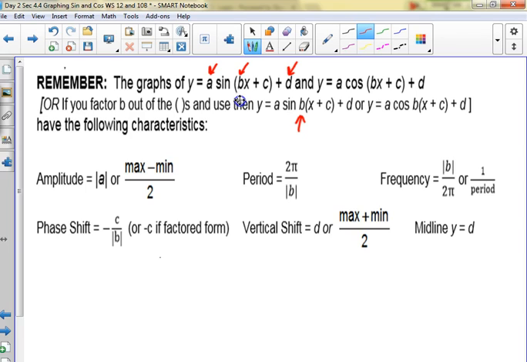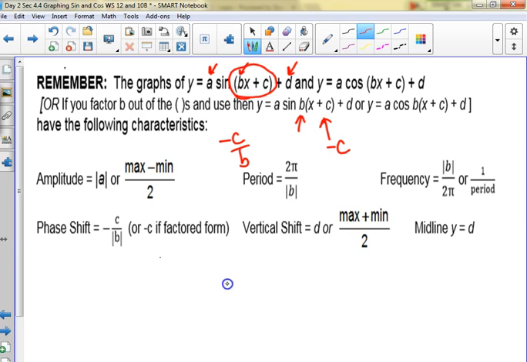The phase shift that we're going to start talking about today, if you do not have factored form, you do a phase shift of opposite of C divided by B. If you have factored form, the phase shift is just opposite of C.